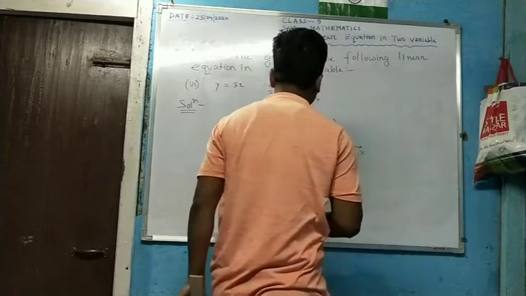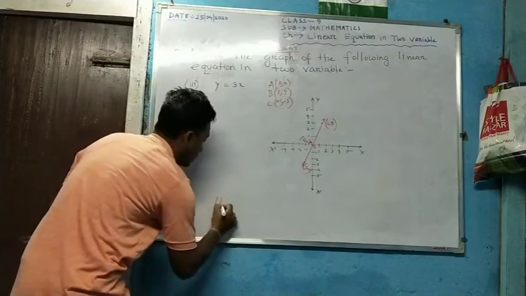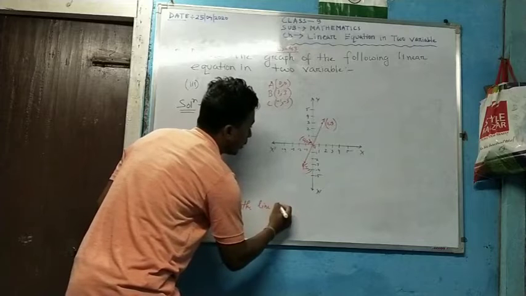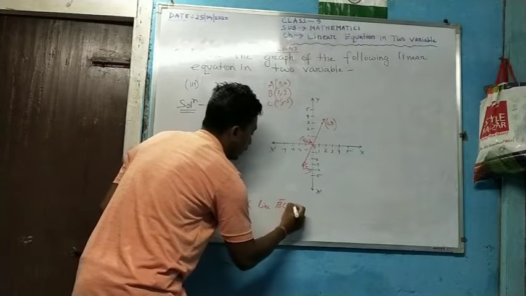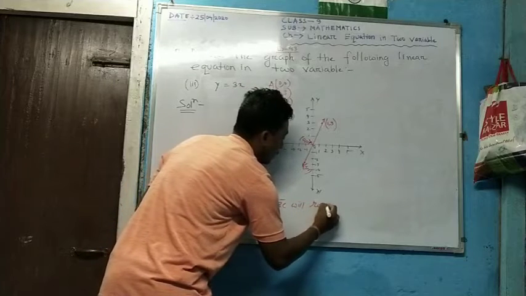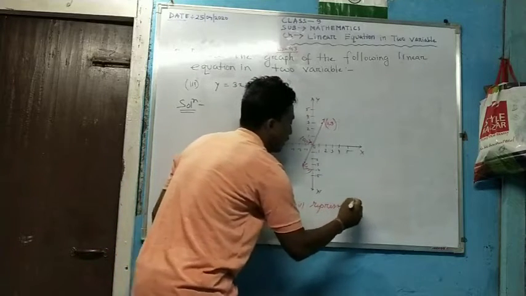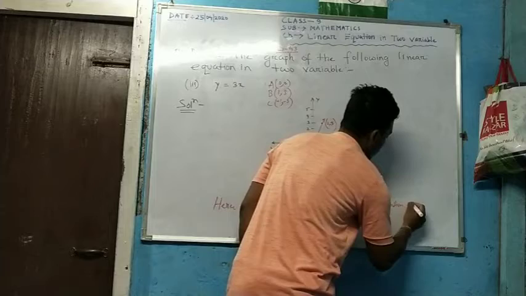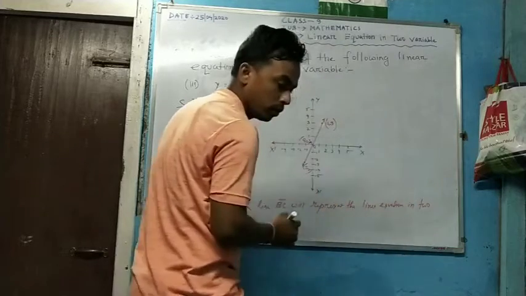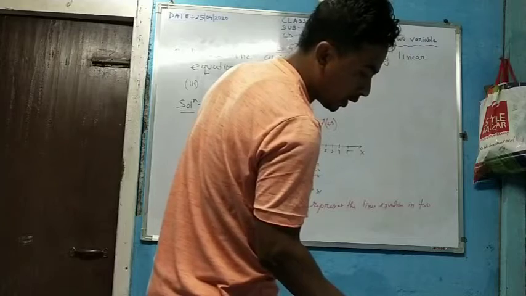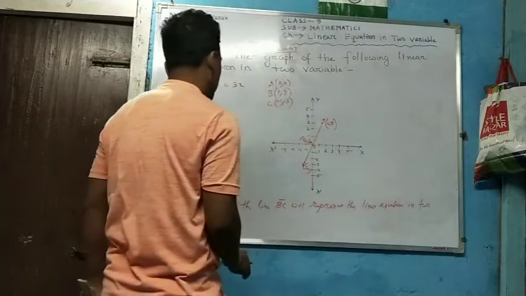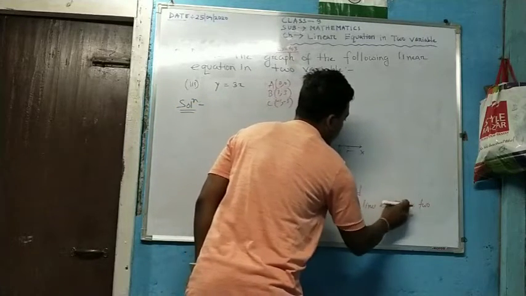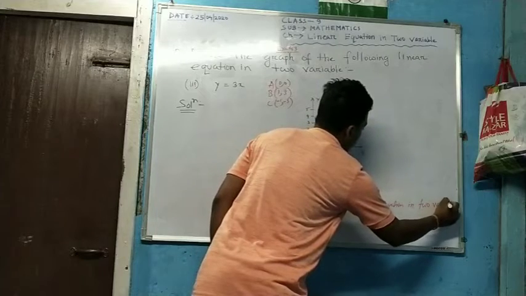Lastly, you write hence the line BC, the required graph of the given linear equation, will represent the required linear equation in two variables.